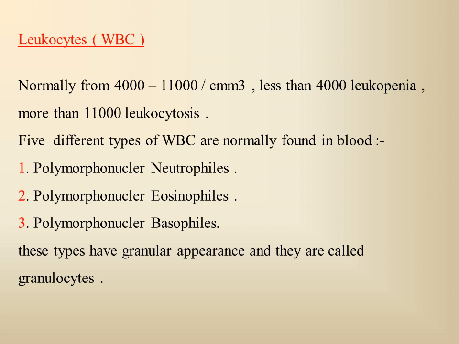We have 5 different types of white blood cells found in the blood. We have 3 types with granular cytoplasm: neutrophils, eosinophils, and basophils. These types have granular cytoplasm and are called granulocytes.